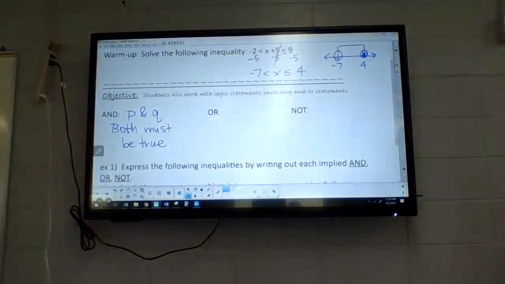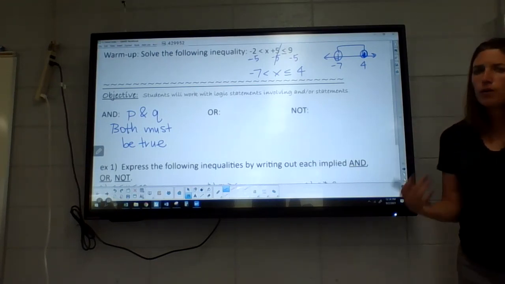So this is not playing the mom or dad game. It's like both of your parents have to agree to let you go wherever it is. It's not like I'm going to ask mom, I'm going to ask dad, and whoever I get a yes from, I'm going to go. Both have to agree. So both must be a yes.